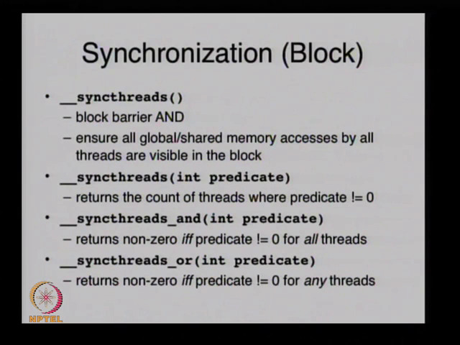All right. So now, when you do have multiple blocks or multiple threads within a block, there has to be some way to synchronize them. So far, the way CUDA has evolved, you really have first-class citizens as far as synchronization is concerned, only within a block.